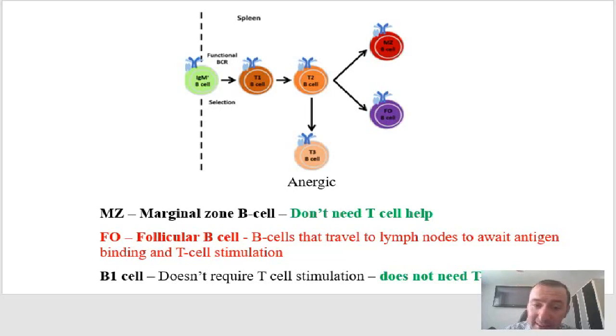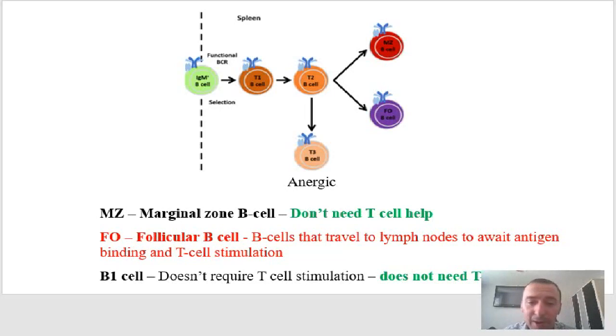Again, if the T1 cell does respond against self-antigen, it will be eliminated or amended. If there are no issues with self-reactivity, the T1 cell matures into a T2 cell, where it is checked again to see if it's self-reactive, but it'll also be checked to make sure that it can respond against the antigen that we want it to respond against.